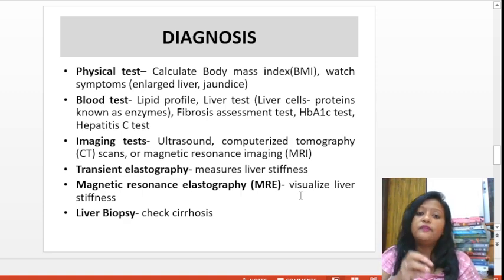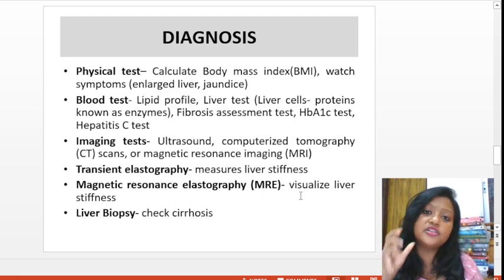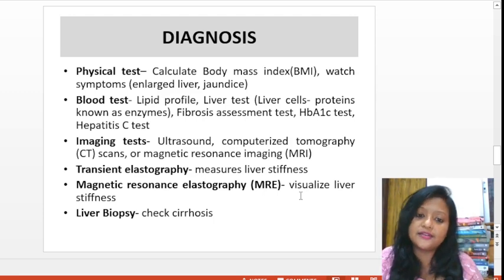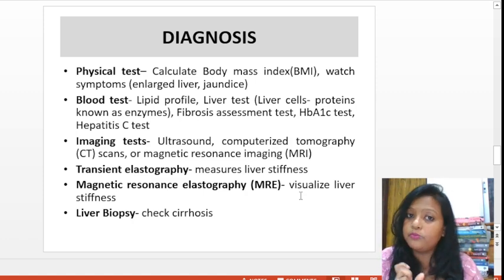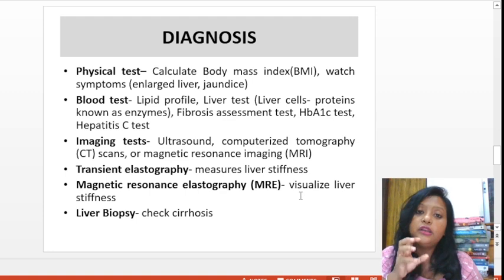But they will not exactly say what stage you are in and how extreme the situation is. For that, you have to go for transient elastography and also MRE, the elastography test, because this test will measure how stiff your liver has become.